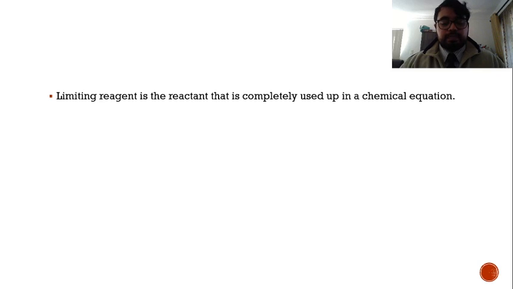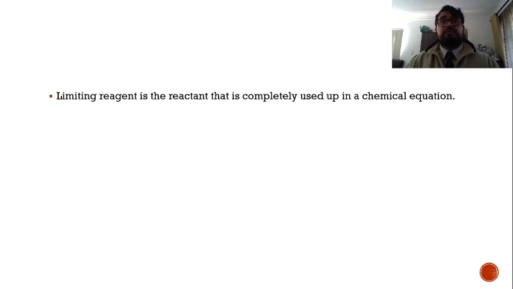So let's say one potato makes one bag of Simba chips. If we have one potato, when we put it into the oil and the oil fries the potato, we're going to get our chips, but there's still oil left over. So our potato actually limits the amount of frying that happens to make the Simba chips.